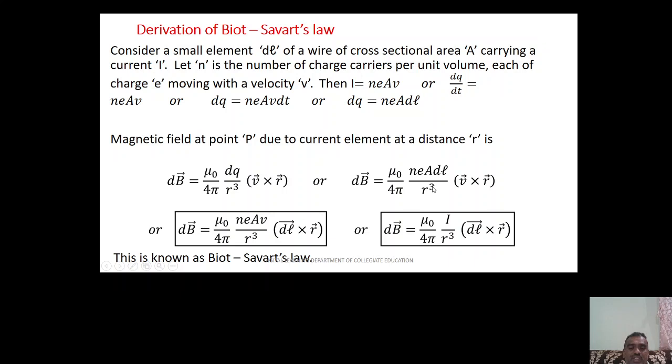Substituting here, dB vector is equal to mu naught by 4 pi neA dl divided by r cube into vector v cross r vector. Then neAv is I. Therefore, this reduces to dB vector is equal to mu naught by 4 pi I divided by r cube into dl vector cross r vector. So this is known as Biot-Savart's law.